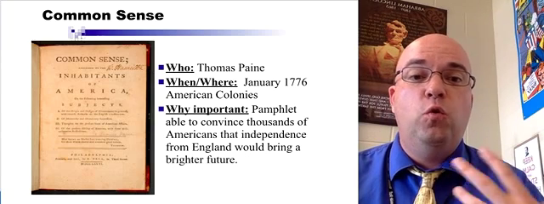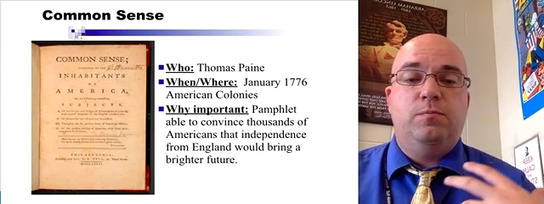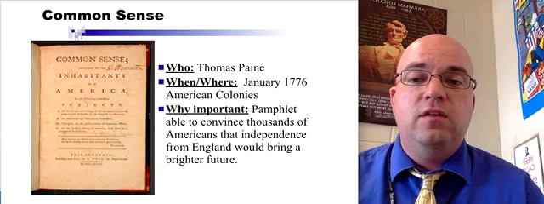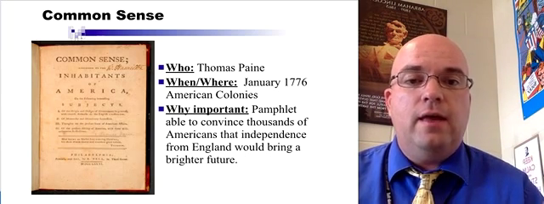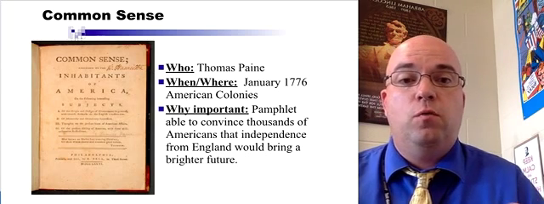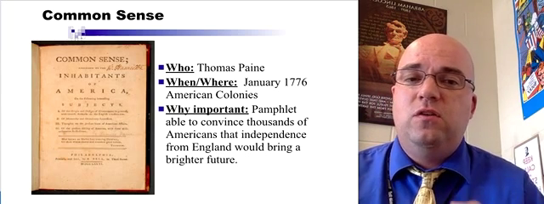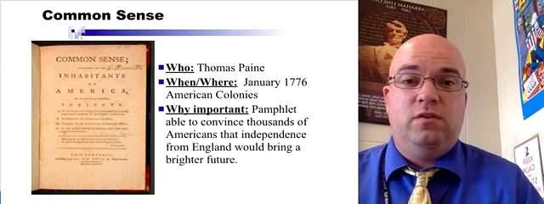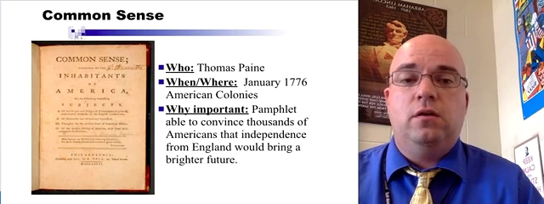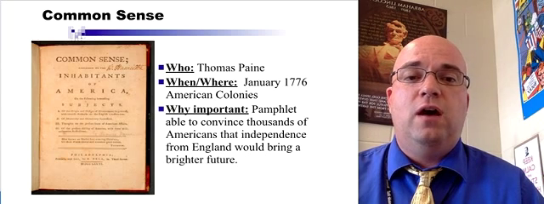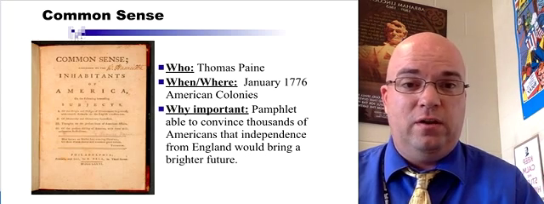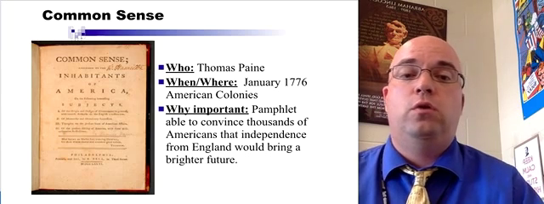It's distributed up and down the colonies and tries to convince the colonists, hey, let's join this cause for maybe independence. So this is where we start seeing a shift in the thinking of many American colonists from trying to fix the relationship with Great Britain to now thinking more along the lines of being a patriot. Total breakaway, total independence.